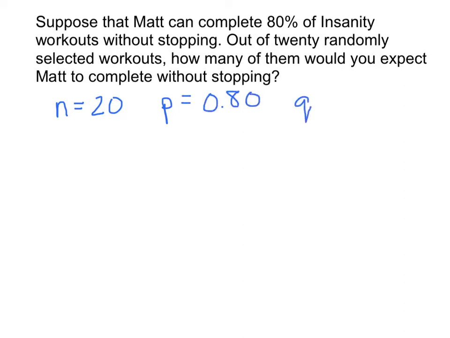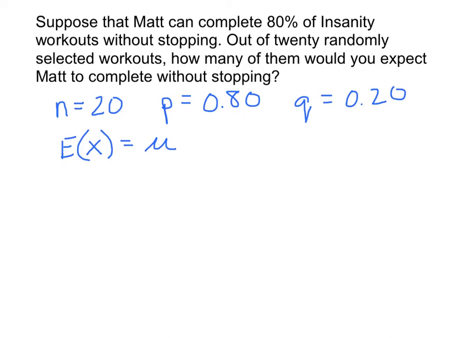So think about it. How many would you expect him to complete out of 10 trials? Out of 10 trials, I would expect him to get 8 of them, because 8 out of 10 is 80%. So out of 20, I'm going to expect that he's going to get 16 workouts. And remember, the expected value is also the mean.